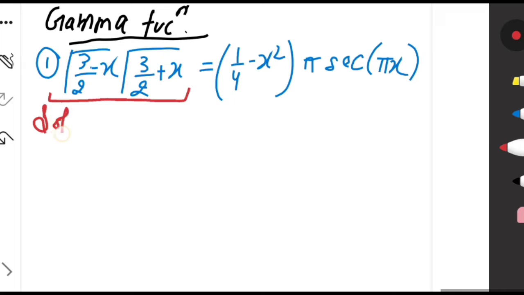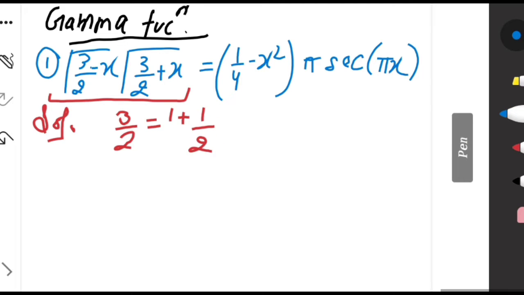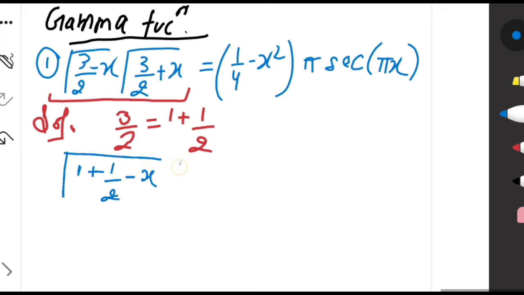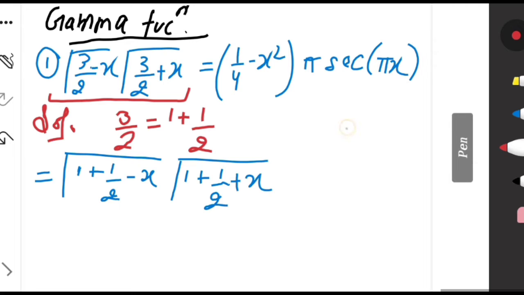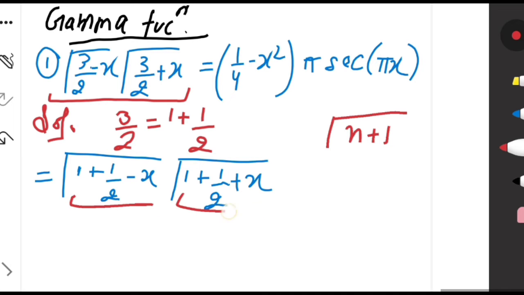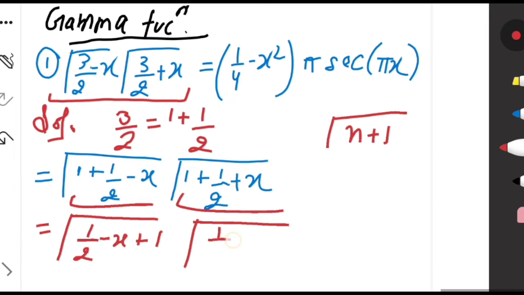So the solution is, we can rewrite 3/2 as 1 plus half. So this will be gamma of 1 plus half minus x and gamma of 1 plus half plus x. I want to make a formula of gamma n plus 1, so I can rewrite both of these as gamma of half minus x plus 1 and gamma of half plus x plus 1.